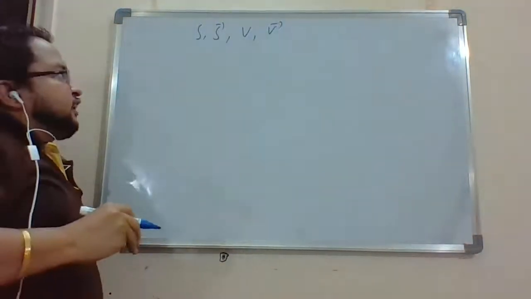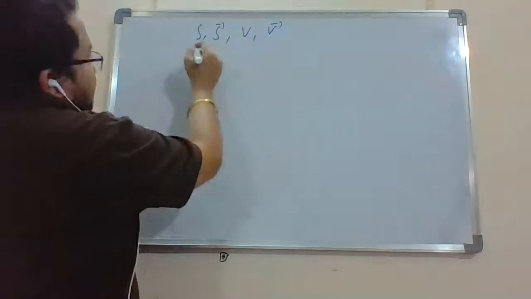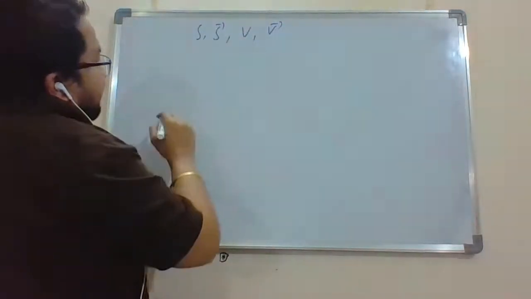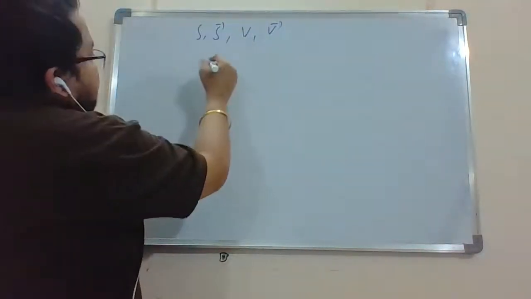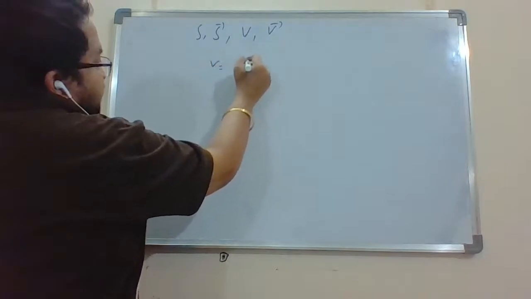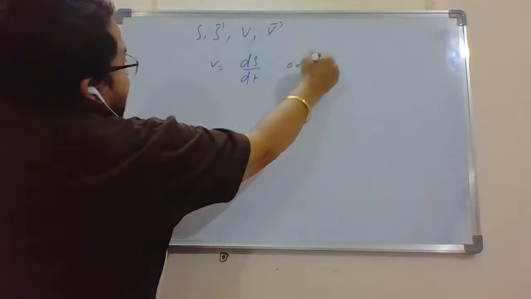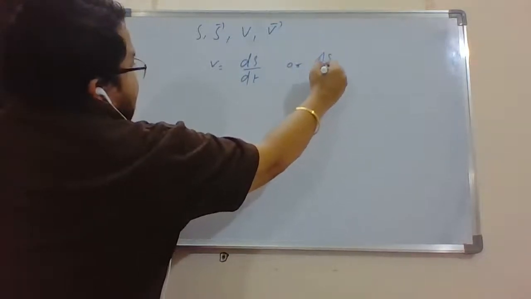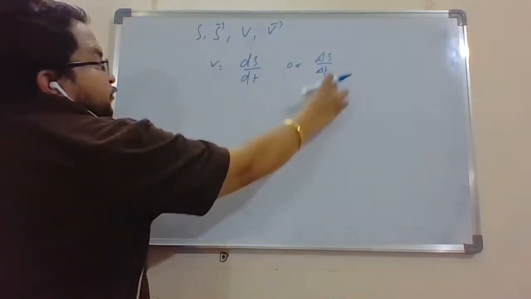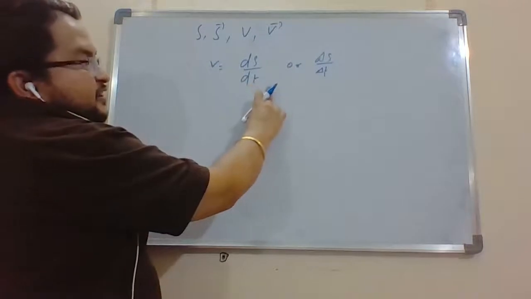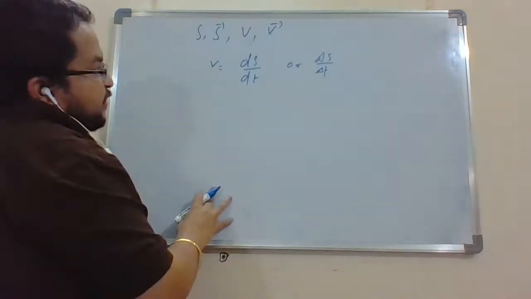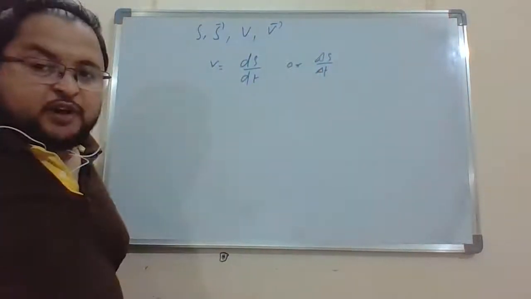And we have also seen the relationships between them, right? So I can say that V is nothing but ds by dt, or delta s by delta t, the rate of change of position. So this thing we already know.